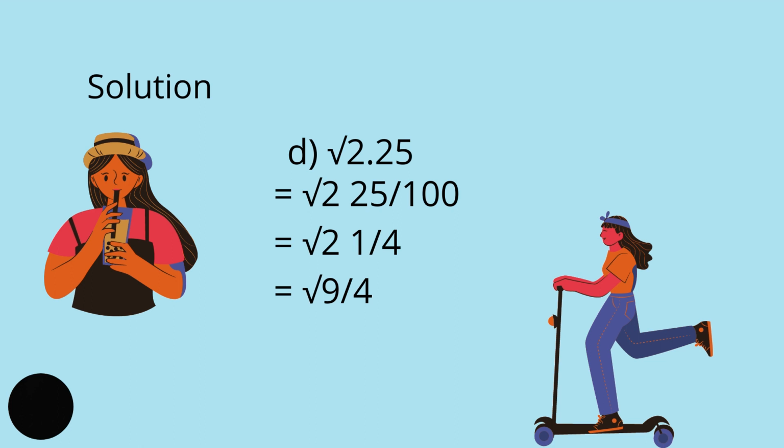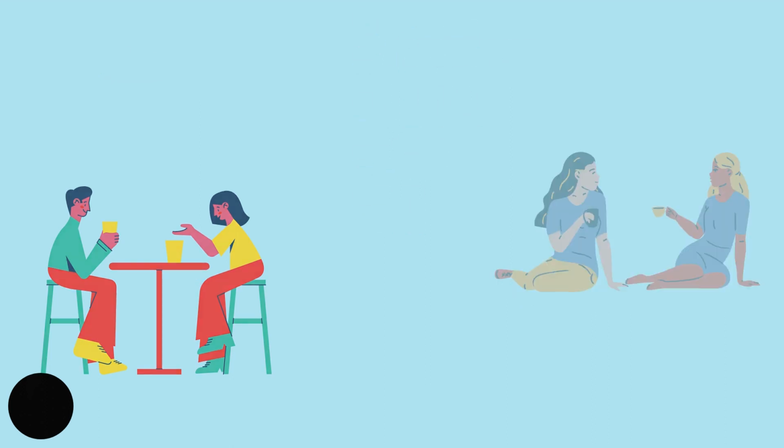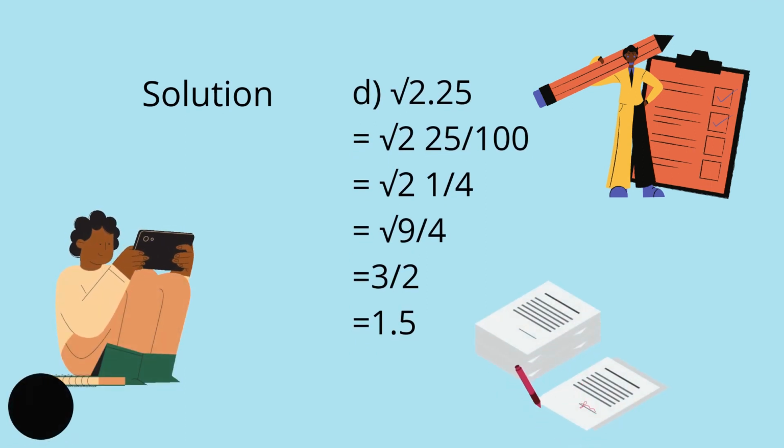So it becomes square root 9 over 4, which equals 3 over 2, because 3 multiplied by 3 equals 9 and 2 multiplied by 2 equals 4. Lastly, we have to convert 3 over 2 to 1.5, because the question is in decimal, so our answer must be in decimal too.